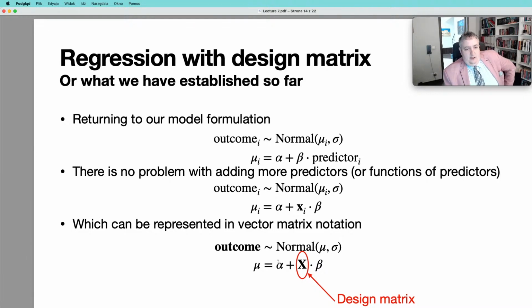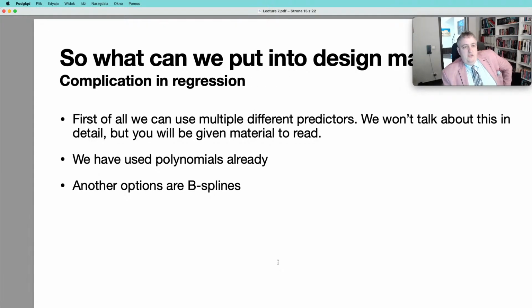The X is a standard notation for design matrix. So generally, we can put more complications in the design matrix. Those are described in multiple books, for example, in Statistical Rethinking, or in both Gelman books on regression, or in BDA, or in multiple courses on Coursera.